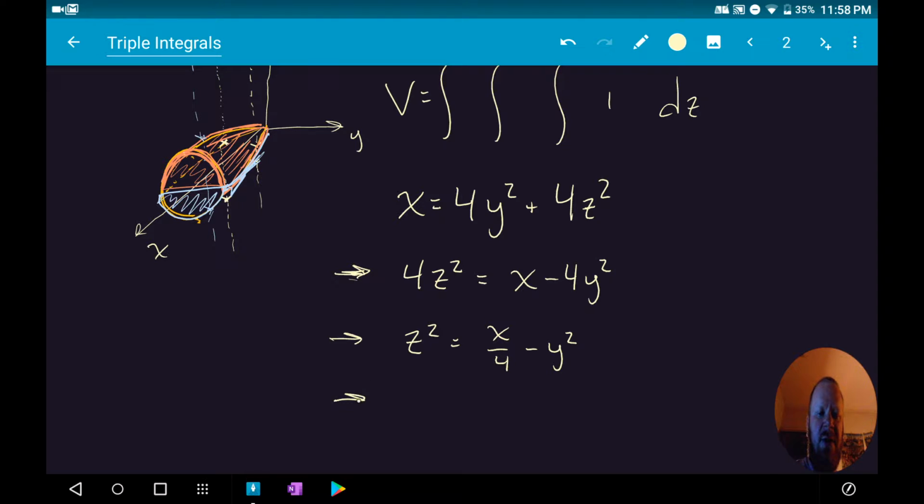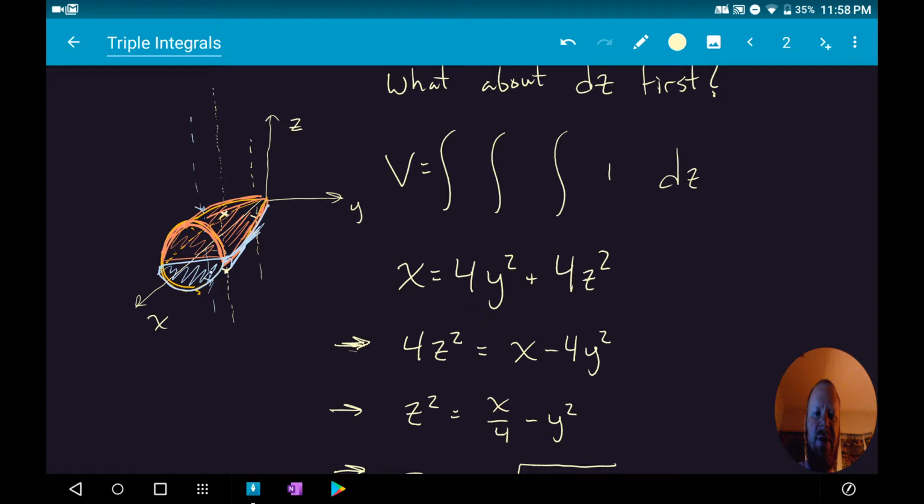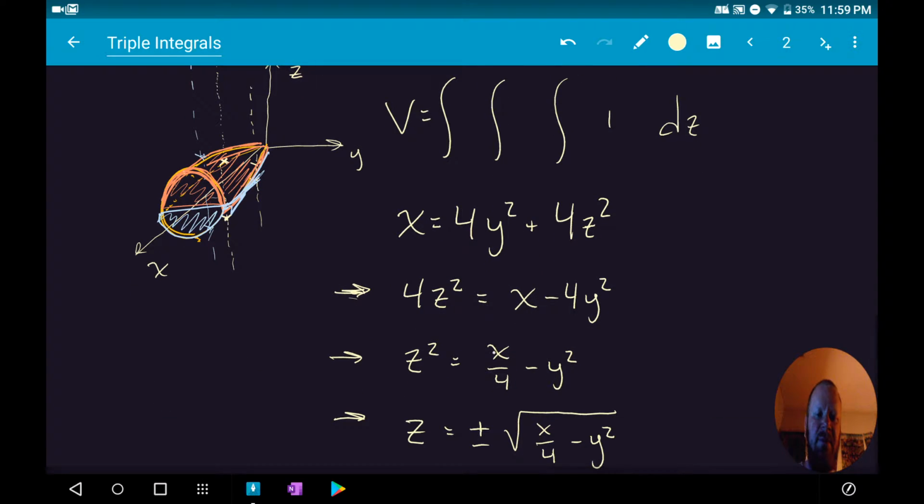And then when I solve for z, I remember squared here, I need a plus or minus. I end up with this, and it turns out that this plus or minus here just represents these two surfaces, right? These are all the spots where z is positive, and these are all the spots where z is negative.